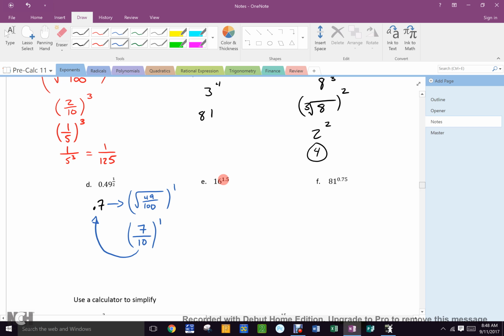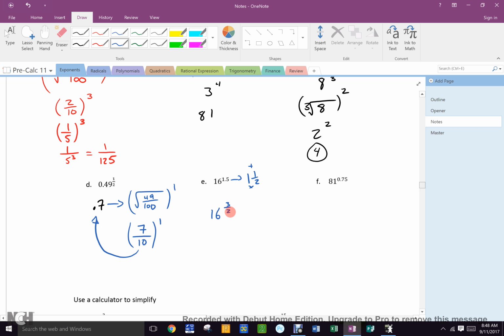So how would I write 1½ as a fraction? 3 over 2. Because this is 1 1/2. Still not a fraction, is it? Then I convert it by doing the trick we learned in grade 4 with Mrs. Crumble. Multiply plus: 2 times 1 is 2, plus 1 is 3, yes? So I really have 16 to the 3/2.